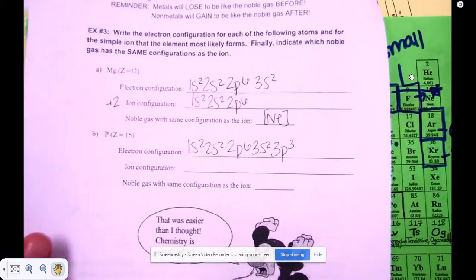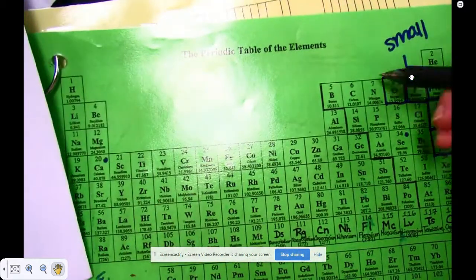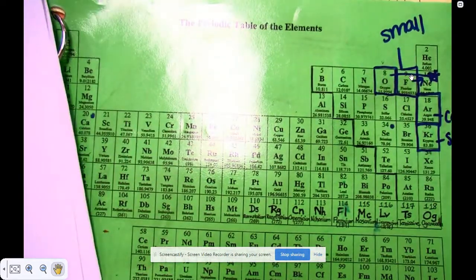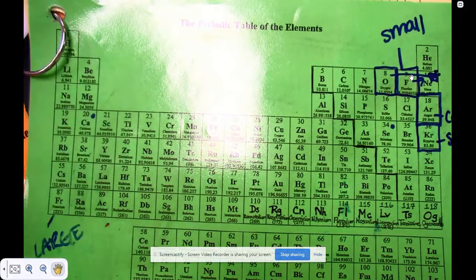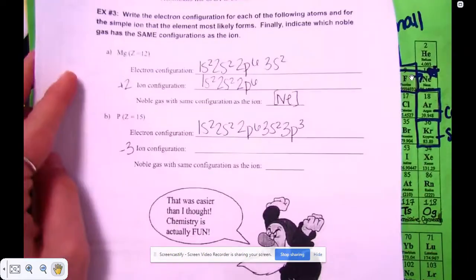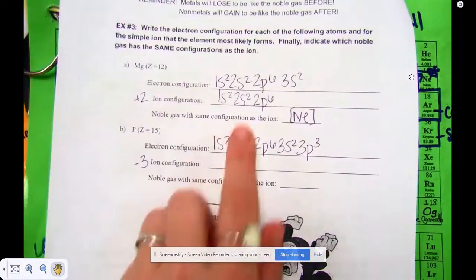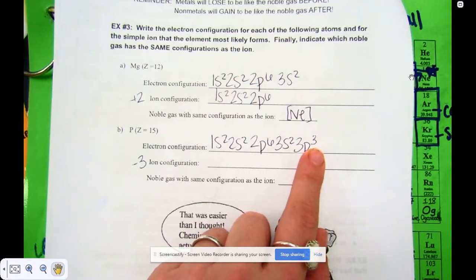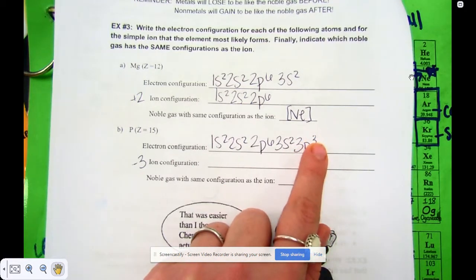All right. Now, phosphorus is in this group right here. It forms a -3 charge, -1, -2, -3. Phosphorus is going to form a -3 charge. -3 means it's gaining 3 electrons. So in the last one, it was +2, so it was losing electrons. Here, now I'm gaining electrons. So I have to add 3 electrons to this last piece.